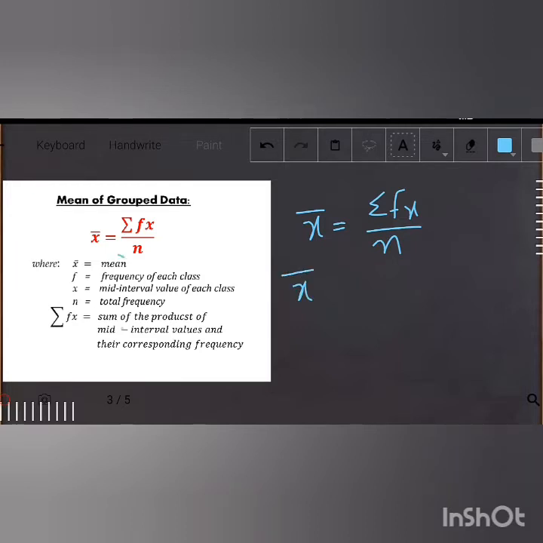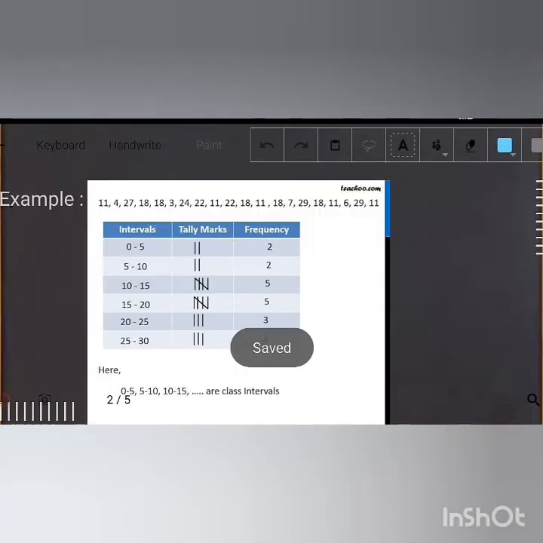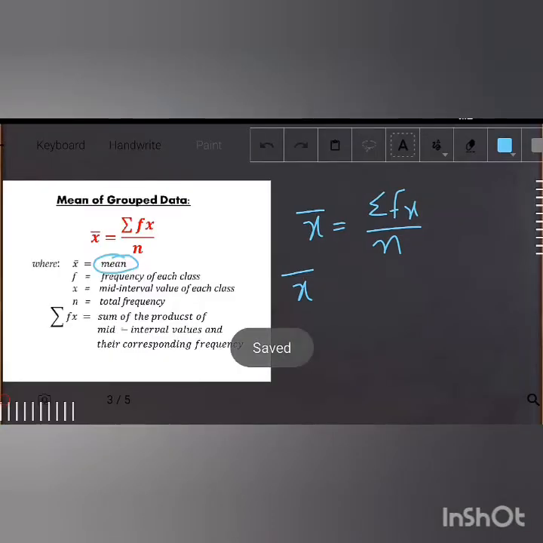X bar means nothing but mean. We represent mean with x bar. What does f indicate? Frequency of each class. These values are called frequencies, and these are all represented with f.